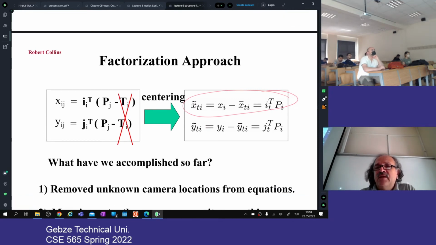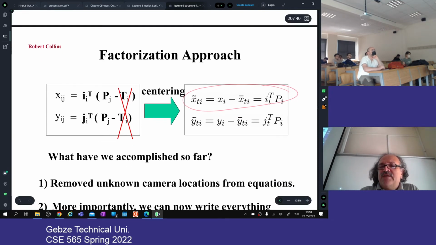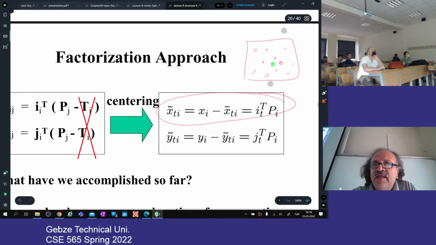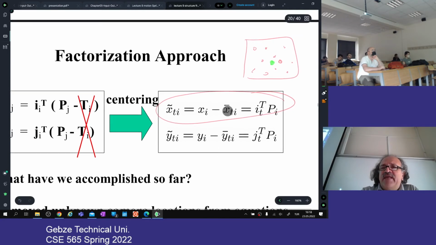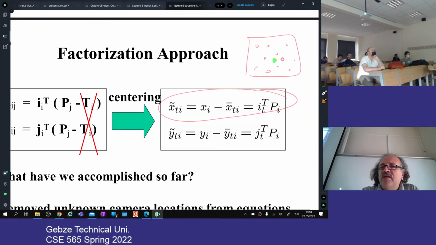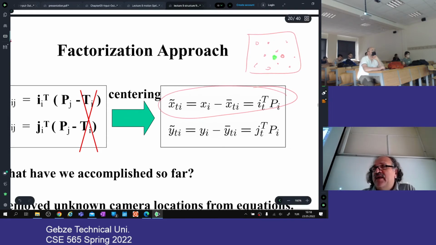Okay, for each point, of course, I can, for a given image, get all the points. Okay, calculate the center of mass. This is my center of mass. Okay, subtract the center of mass from each point. Okay, that value will give you this I^T times P_i.